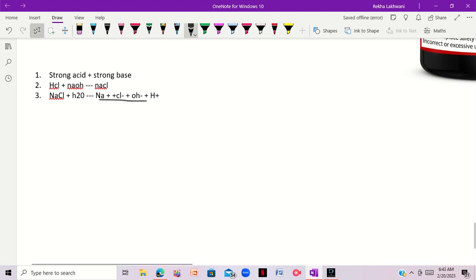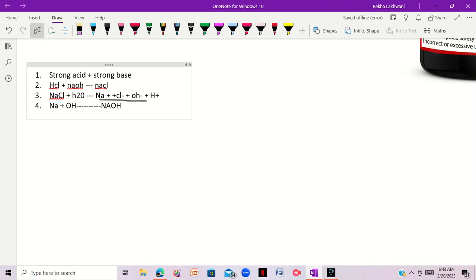Now, Na has a tendency to react with OH, cation and anion, right? So when this Na combines with OH, it will form NaOH. But one thing to remember is that NaOH is a strong base. And what is the tendency of a strong base to dissociate?